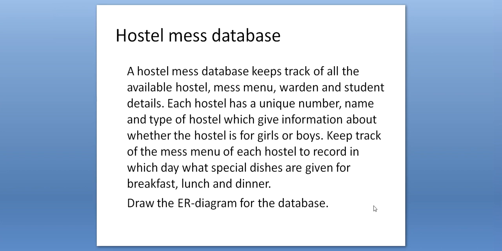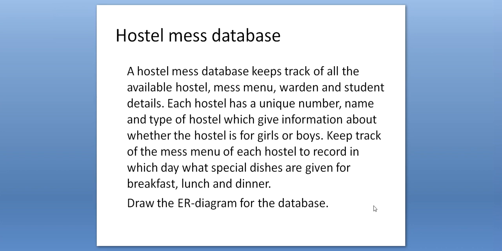So the attributes will be something like day, which will have Monday, Tuesday, Wednesday, Thursday, Friday, Saturday, and then Sunday. And it will have three other attributes: breakfast, lunch, and dinner. So it will have four attributes.